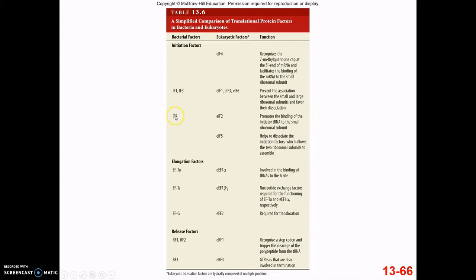We have initiation factor 2 and its equivalent eIF2, which promotes the initiator transfer RNA being assembled onto the small ribosomal subunit with a messenger RNA. Eukaryotes also have this initiation factor 5, which is an additional thing that is needed for the dissociation of those initiation factors.